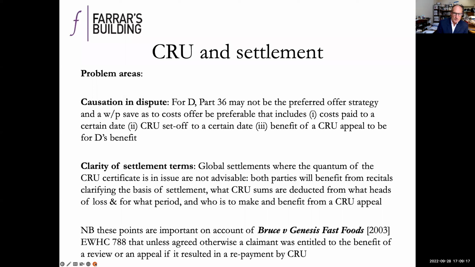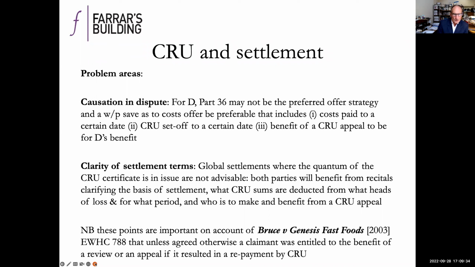Now, to all intents and purposes, as far as what CRU sums are deducted from what heads of loss and for what period, those are all matters that, if you had a judgment, would have to be put into the judgment. It's mandatory. It's in the CPR, it has to be put into the judgment in any event.